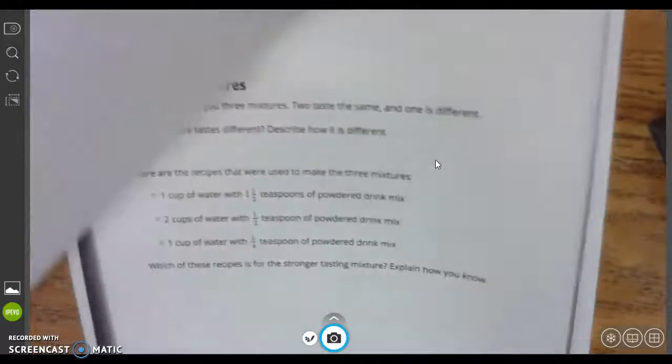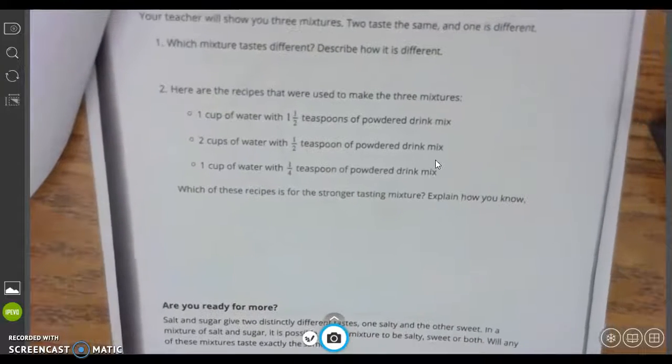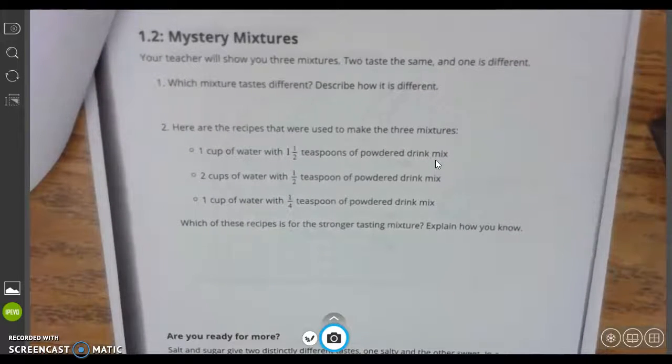All right, let's turn. We're going to skip the mystery mixtures. This activity was taking a drink mix powder and putting it into water. And if you have different amounts of water and different amounts of powder, what do you think you would notice? Well, it should be the more powder you use, if you had the same amount of water, the sweeter or the more flavorful the drink would be.